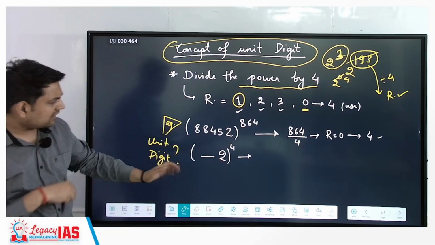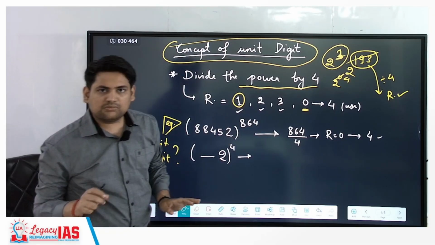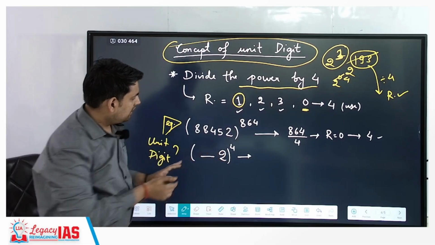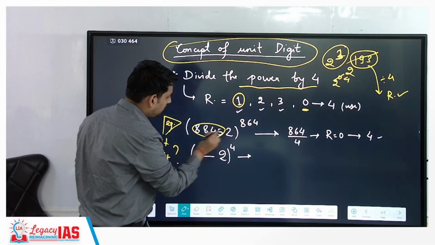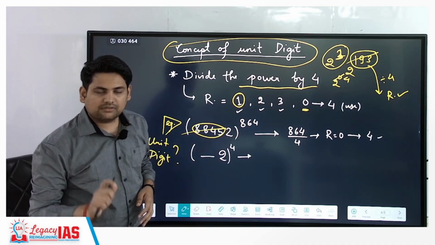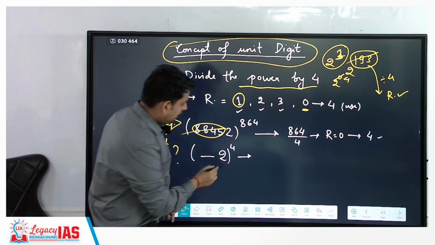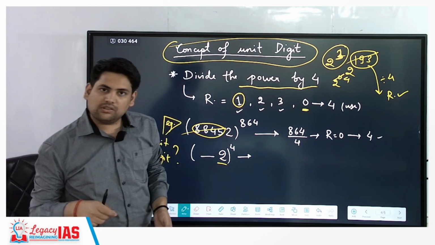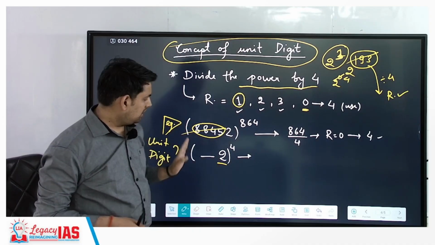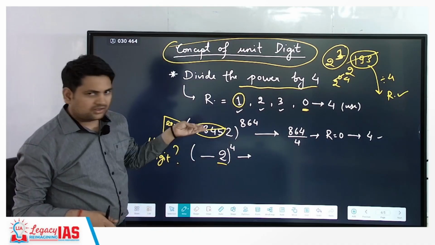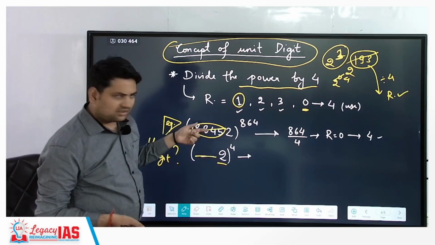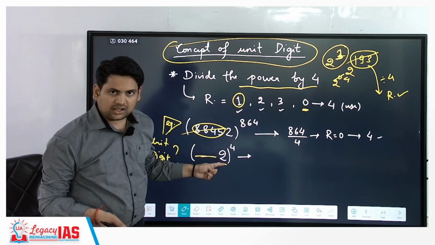Now, one thing that you must understand, when we are trying to find unit digit, all these numbers are immaterial. Only thing that matters while finding unit digit is the last digit. Because you are finding the unit digit, only the unit digit matters. So that's why instead of this, you can just write a number like this. This anyway does not matter, you just write the last number.